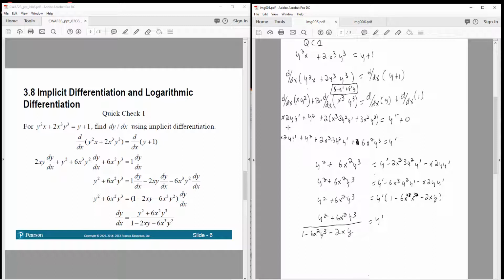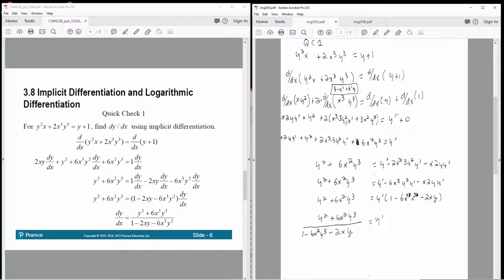So I've taken the derivative of everything. Now I want to collect my y prime terms. So I see y prime there, y prime there, and everything else goes to the other side.